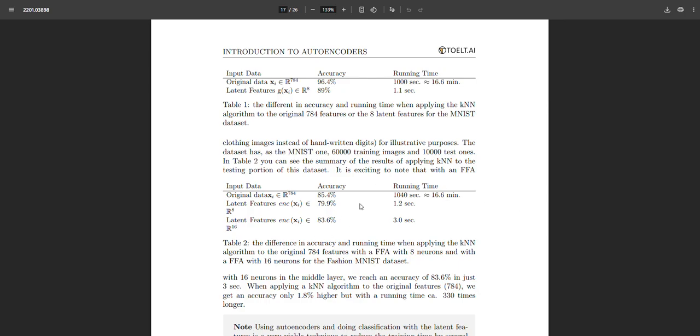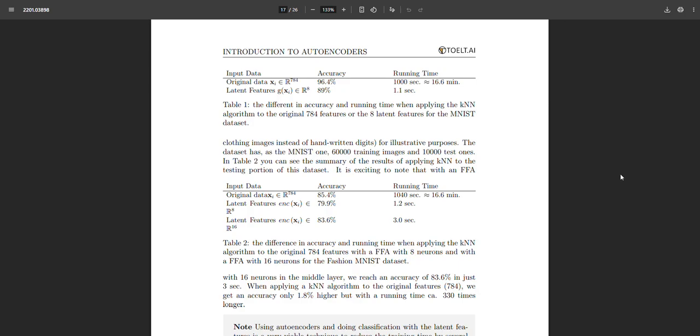If we compare the 16 neuron result, which is 83.6% in 3 seconds, to the original feature result, 85.4% in 1040 seconds, we see a minor drop of just 1.8%, but a running time that is 330 times faster.